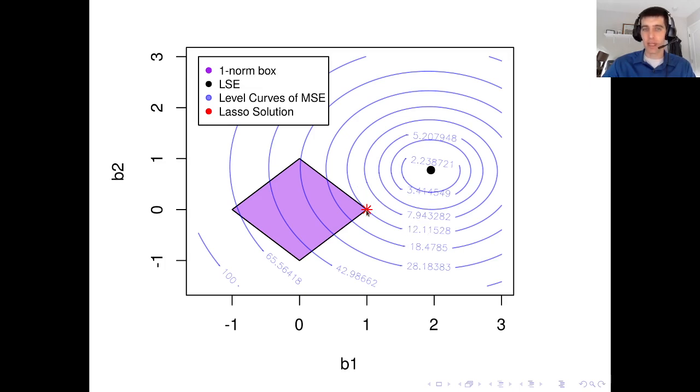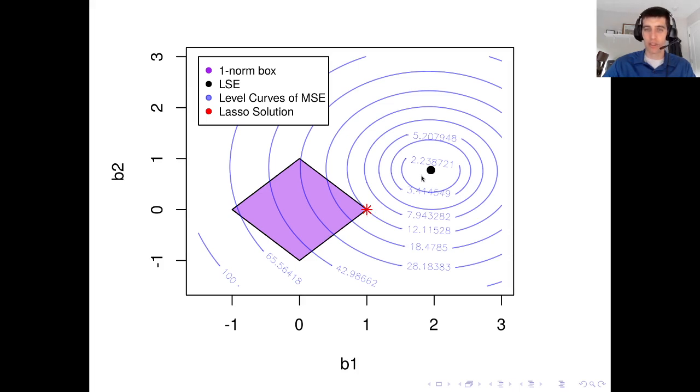Okay, and notice these level curves, where they first intersect the box, right? So what's happening is I'm increasing my mean squared error. I'm like, okay, I really need to be in the box for this optimization problem to be solved because this is constrained. And I hit this corner of the box. And when I hit this corner of the box, this is the minimum mean squared error.